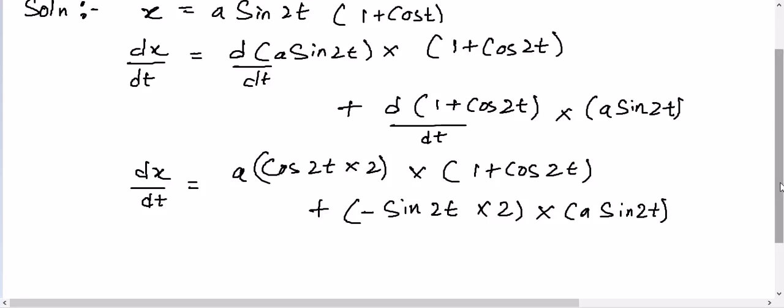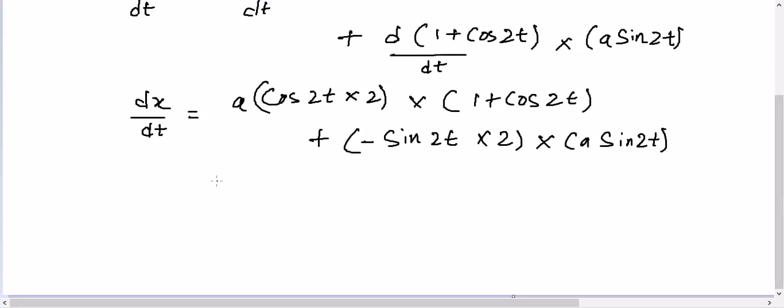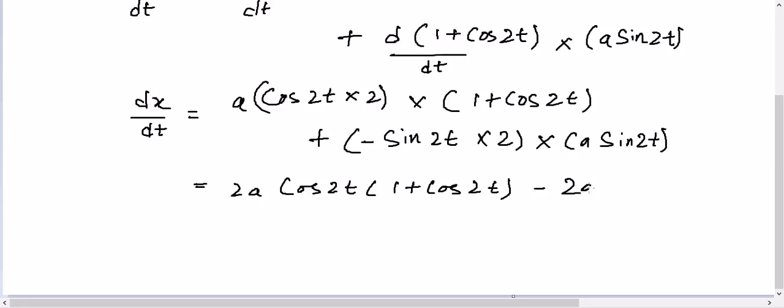So continuing, you can write it as twice a cos 2t times (1 plus cos 2t), minus twice a sine square 2t, because 2t into 2 is sine square 2t.